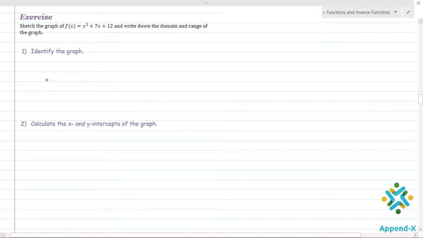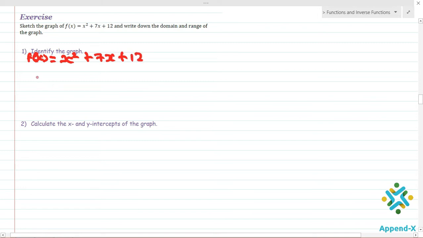Now, when sketching a graph, the first step is to identify the graph from the given equation. Our given equation is f of x is equal to x squared plus 7x plus 12.